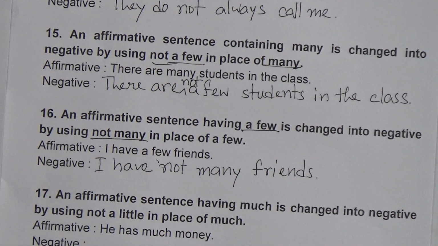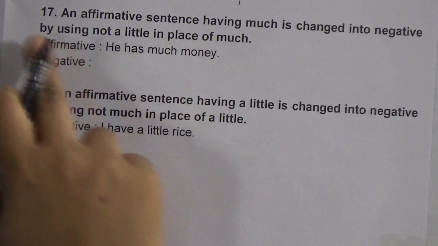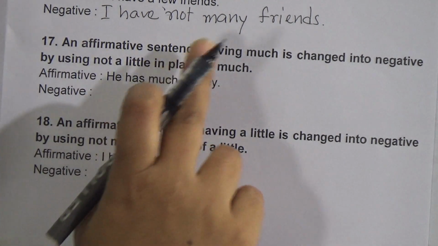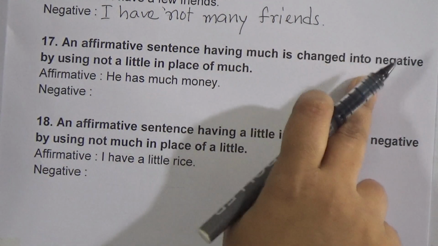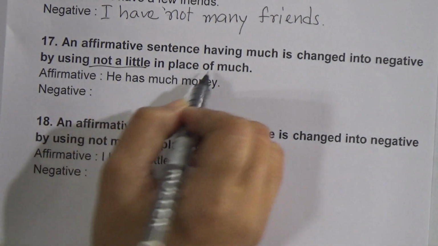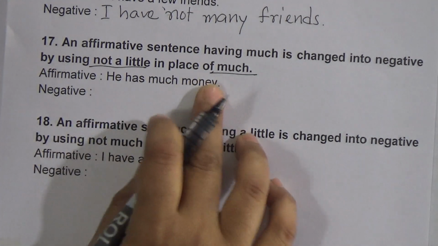Okay, it's done. Now rule number 17: an affirmative sentence having "much" is changed into negative by using "not a little" in place of "much." Okay, he has much money.